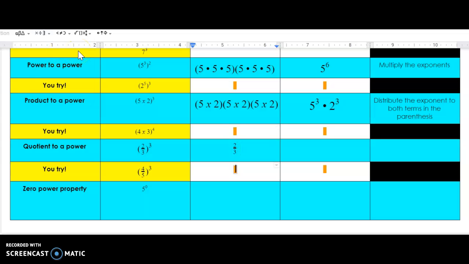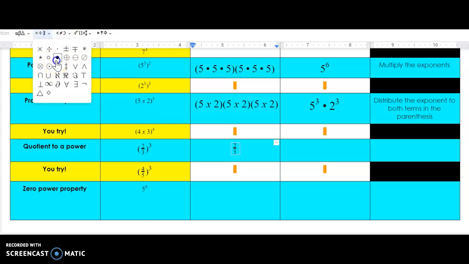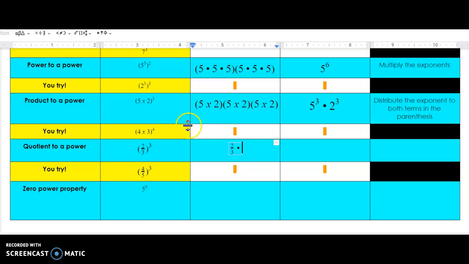You'll notice that it's a little hard with the formatting, but you just need to be patient. 2/3 times, and then I can just copy and paste to make it a little faster. So that's 2/3 to the first, 2/3 squared, and 2/3 to the third. Okay, that's 2/3 to the third power.